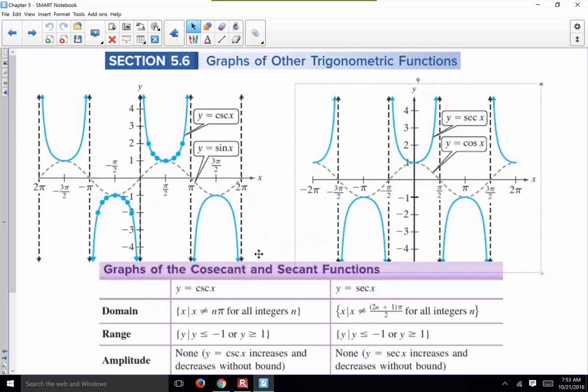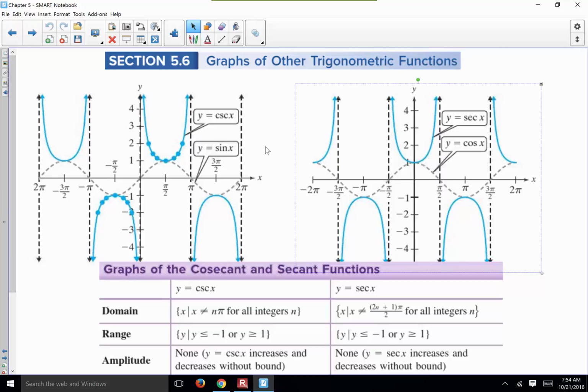You need to know the initial main graph, and then according to the numbers present in the trig function, they are going to start stretching or shifting right or left, and period changes can happen as well. So we are going to compute those just like in the previous section.